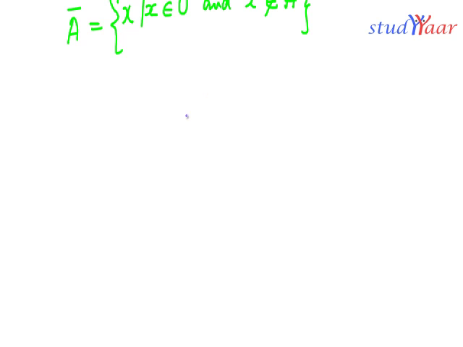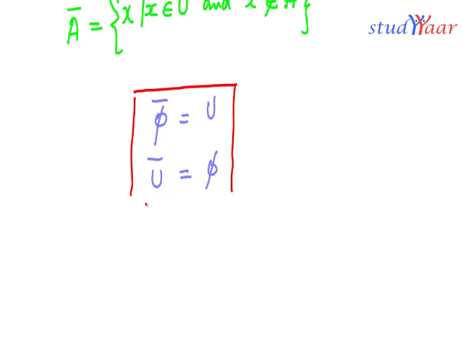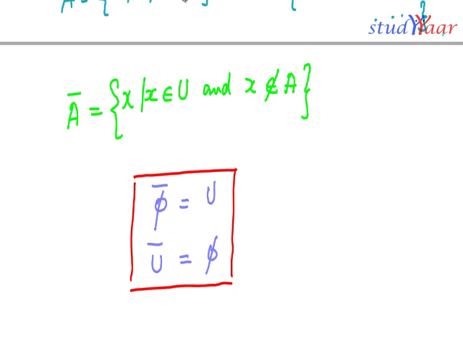Just remember some common properties over here. The complement of the null set is equal to the universal set, and the complement of the universal set is equal to the null set. I am going to put this in a box so that you remember. Why is it so? Just look at this definition.